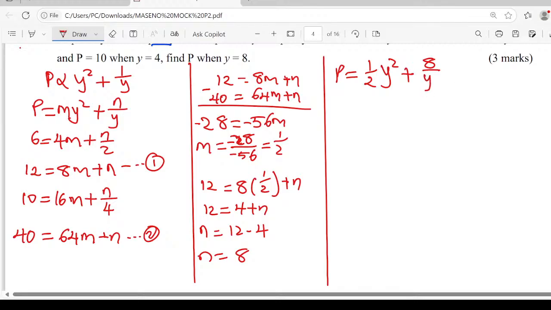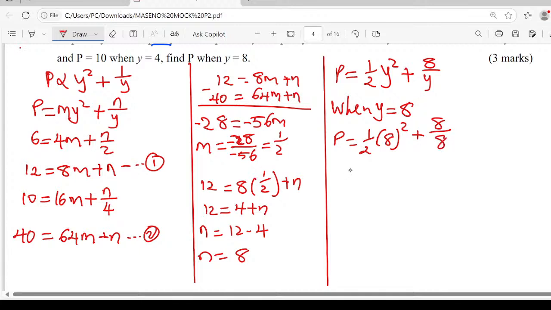So that is the equation connecting p and y. So find p when y is 8. When y is equal to 8, then p will be given by a half into 8 squared plus 8 over y, which is 8.